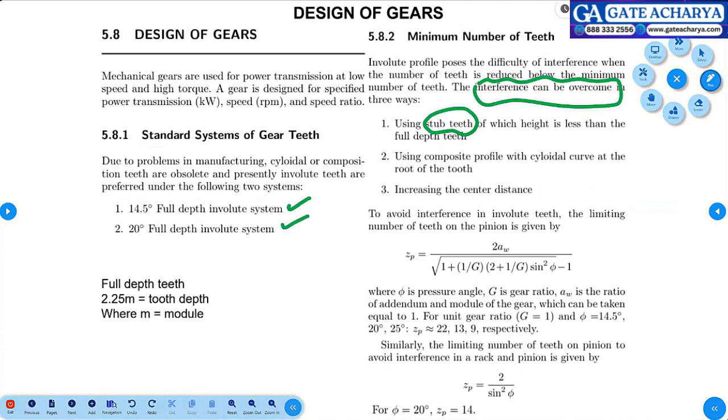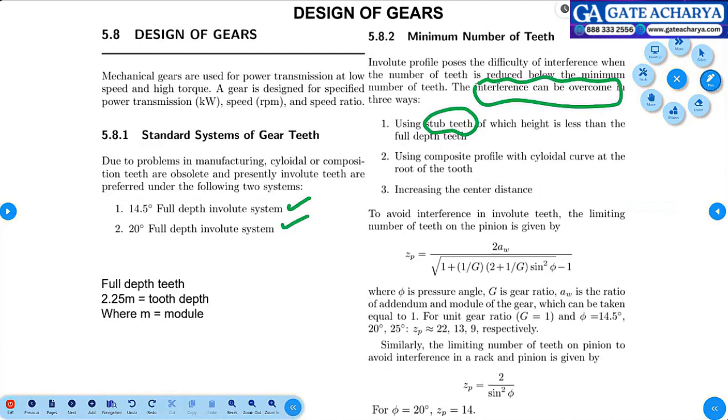The other option is to use a cycloidal profile, but it is very difficult to manufacture. One more thing you can do, without affecting the velocity ratio, is to vary the center distance to a certain extent only. You cannot keep on varying the center distance, as both gears should always be close to each other. So without altering the velocity ratio, you can slowly move the center distance, and by using involute teeth itself, you can reduce the interference.